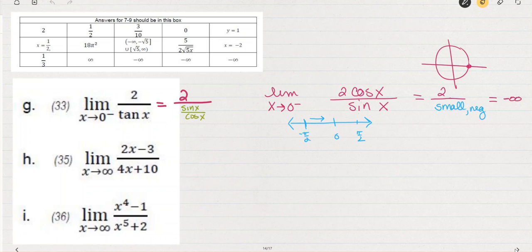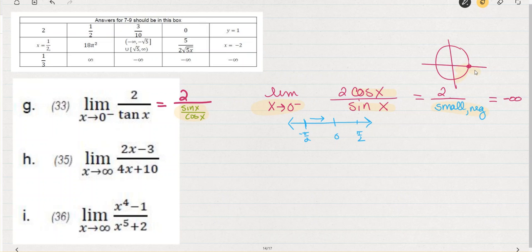For letter G, if we rewrite the tangent as sine over cosine, and then divide by sine over cosine, it's multiplying by cosine over sine, and we see that the problem is when the sine has a 0. As we use direct substitution, it doesn't work, but we can see that we get a very small value for the sine of 0.